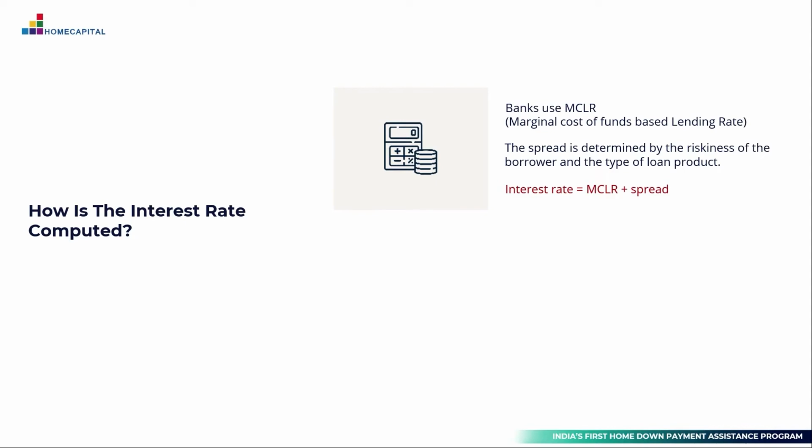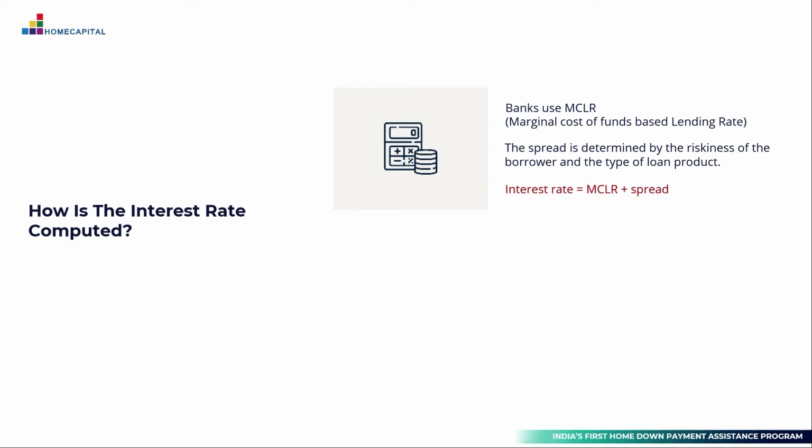Once we understand the sources of funding of home loans by the bank or the HFC, let's understand how the interest rate is computed by them. Banks use the MCLR, or what is known as the marginal cost of funds based lending rate, to arrive at the interest rate at which they are going to lend the home loan to you.